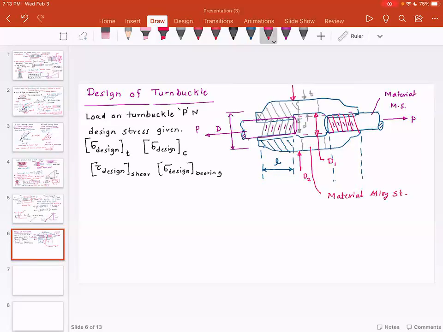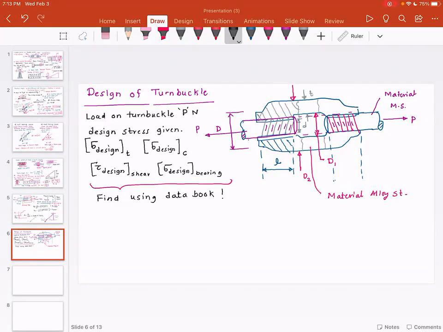So then what you do is you look at the design data book and find out these values. So find using data books. Sometimes the problem could be open-ended, which means the material also may not be specified.